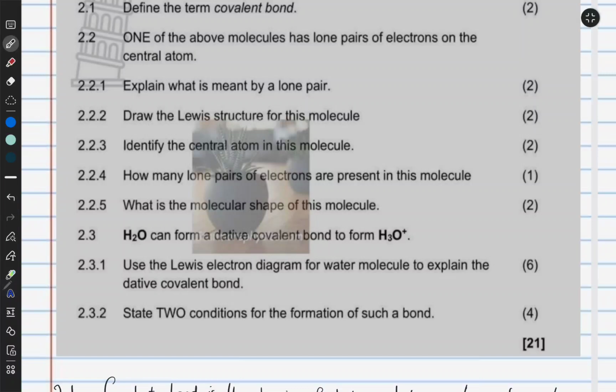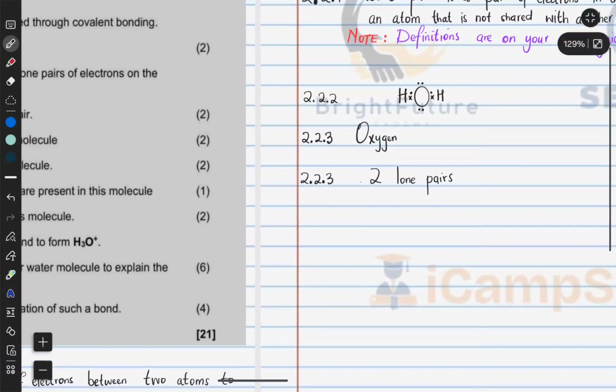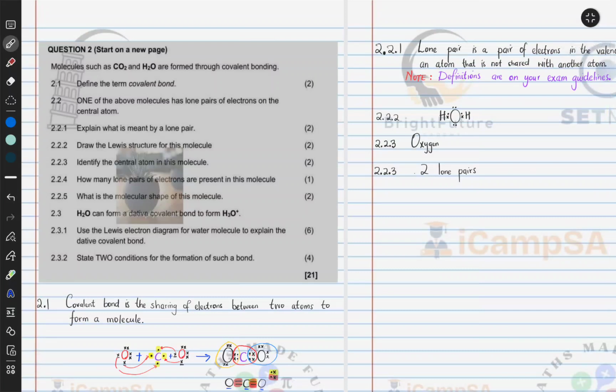So you must know all of that and how each molecule looks. Typically the molecules you would get asked about are water, carbon dioxide, and the like. So you must know those molecules in terms of their shape. Otherwise you won't be able to answer when you're asked about the shape of the molecule.